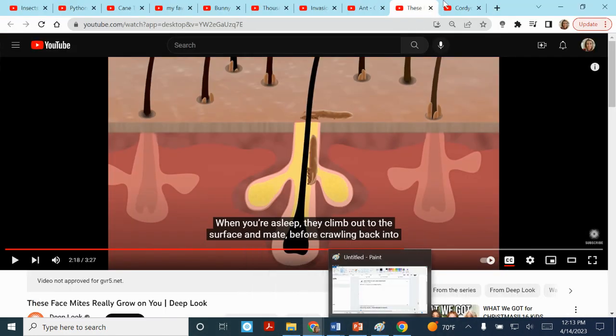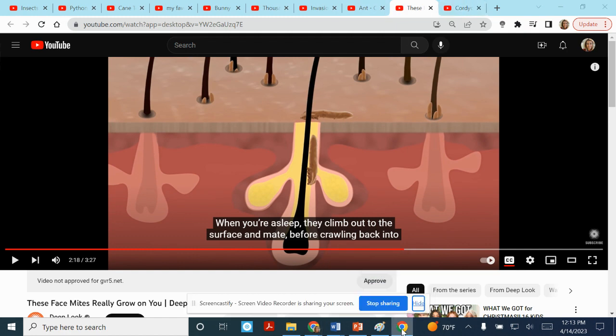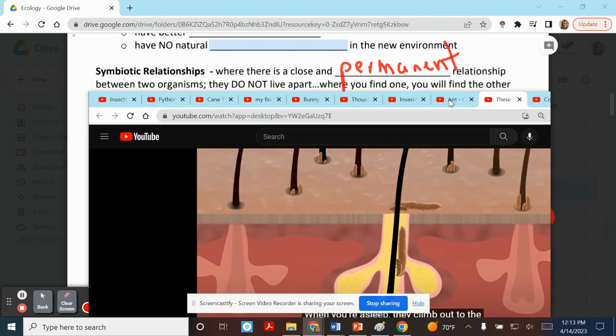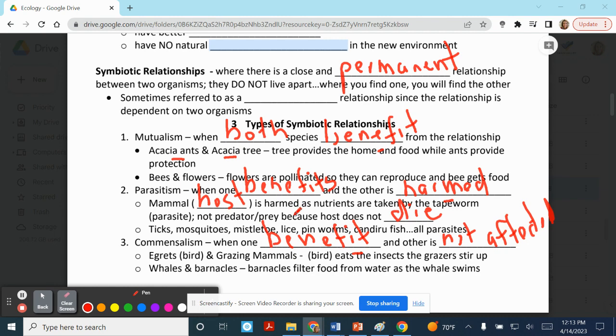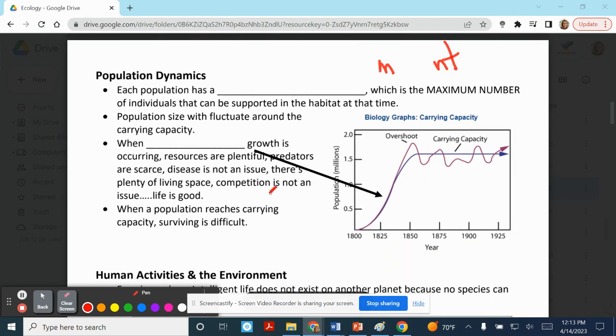All right, moving on here to this next page, almost done. So we're looking at things that can affect population sizes. There are again the abiotic and biotic factors that can affect populations of organisms.